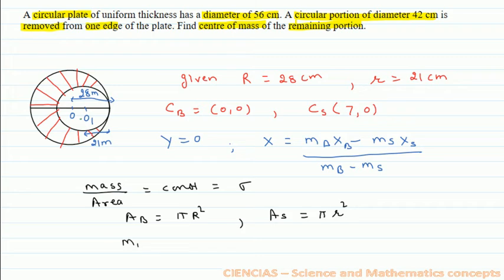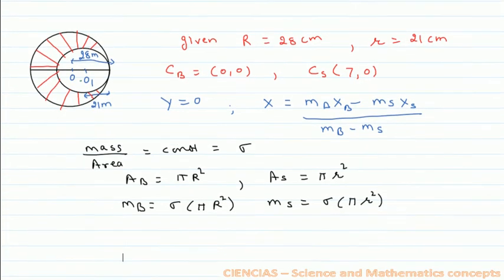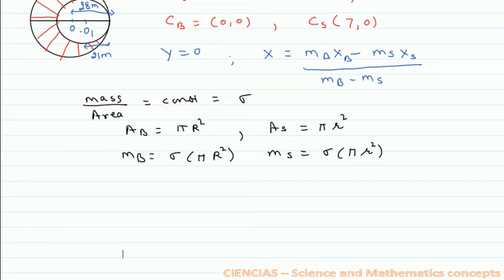So mass of big plate will be equal to sigma into pi capital R square, and mass of small plate will be equal to sigma into pi small r square. So now we put these values in our formula.